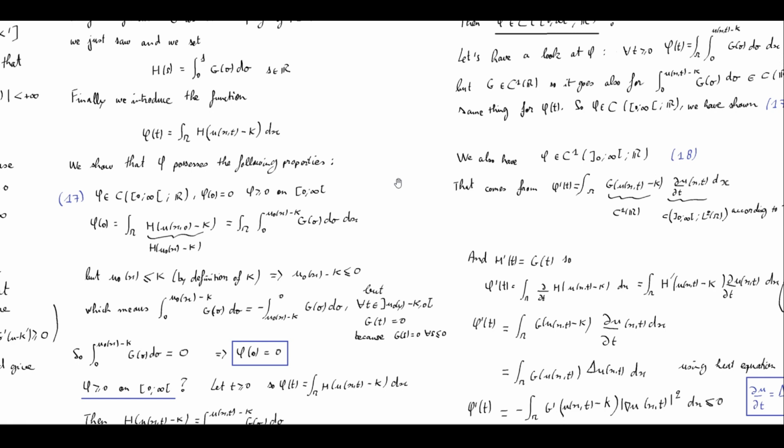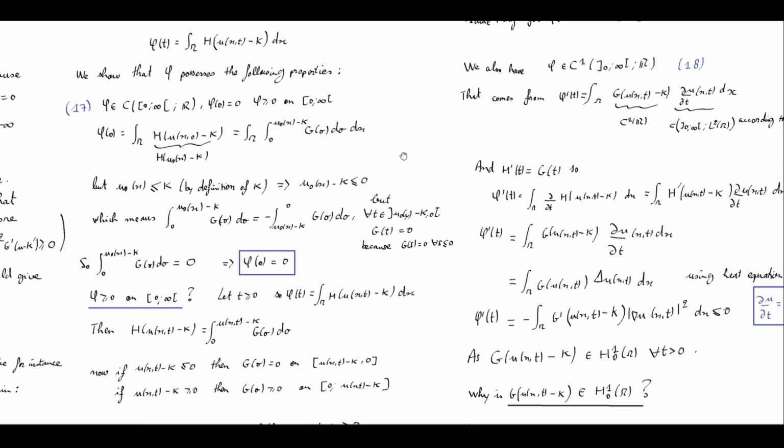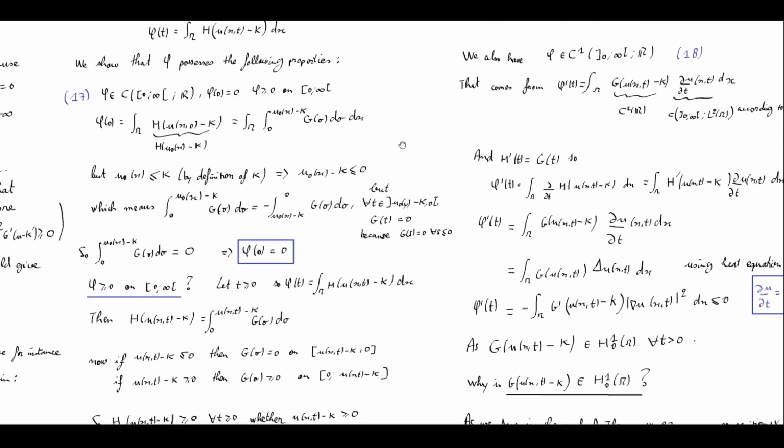But u0(x) is smaller or equal to k by definition of k, which implies that u0(x) minus k is smaller or equal to 0, which also means that the integral from 0 to u0(x) minus k of g of sigma d sigma equals minus the integral from u0(x) minus k to 0 of g of sigma d sigma.